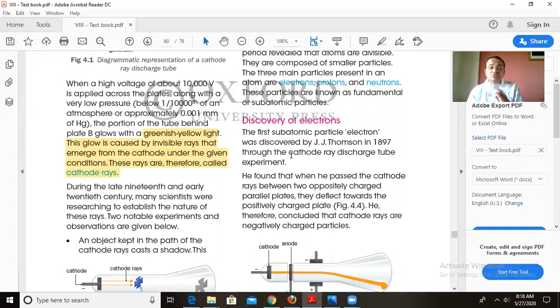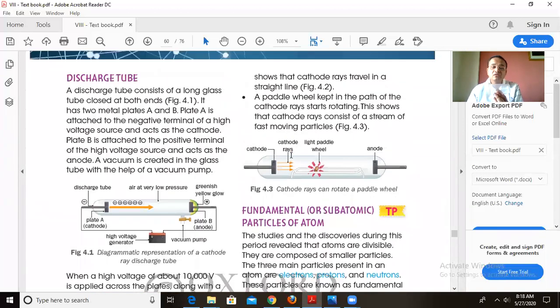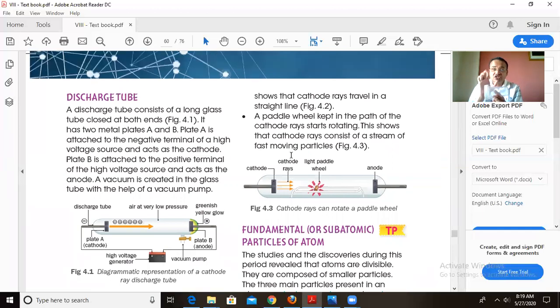The first thing they found was that when some object is placed between the cathode and anode and the battery is connected under very low pressure, the cathode rays will be given out and travel, but they will cast a shadow of the object placed in their path. This says that the cathode rays travel in a straight line.